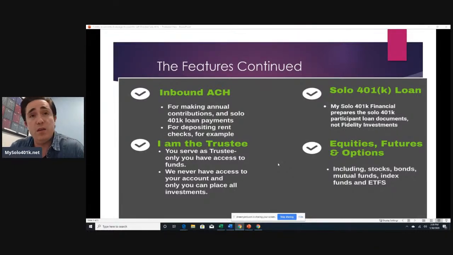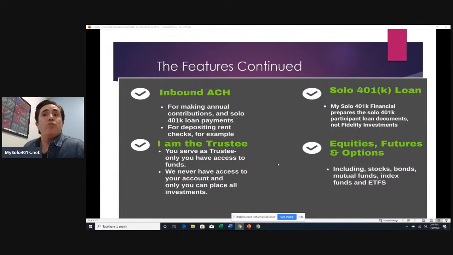Or again, if you're making contributions to the plan, like if you have an S corporation and you get W-2 wages, and your payroll provider is going to ACH your contribution each pay period to the account, that can be done at Fidelity. Likewise with solo 401k loan payments, if you have auto pay set up through your personal bank account to make those loan payments every month or every quarter so you don't forget, that could be accommodated through the Fidelity account. So that's a nice feature.